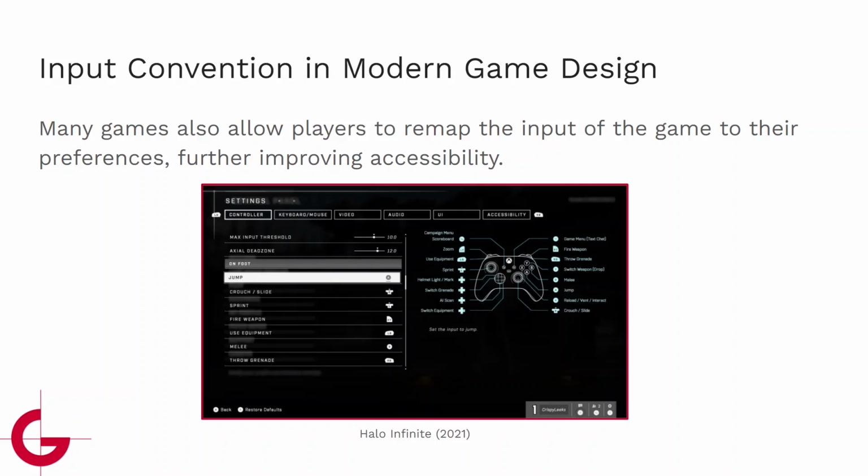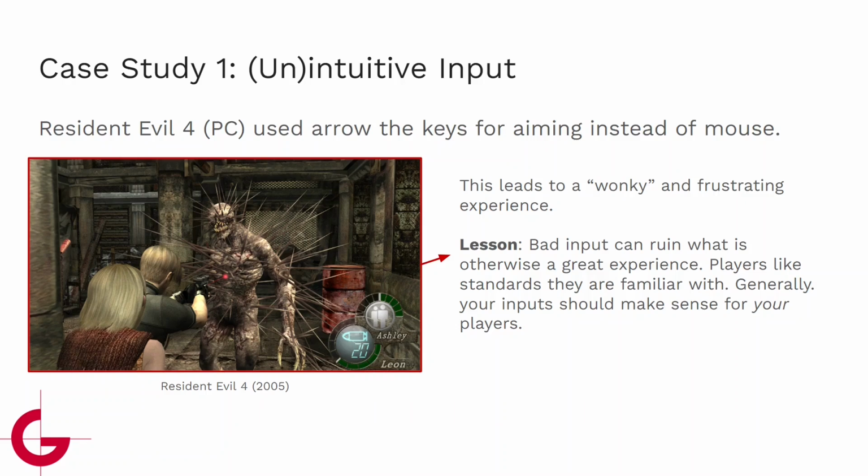So you can map the action to a dedicated input that you want, not what the developer decided it should be. So this greatly improved accessibility. And let's look at some games that do some interesting things with their input, for better or for worse.